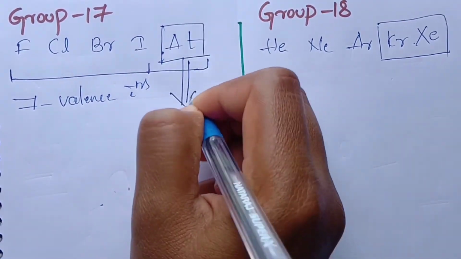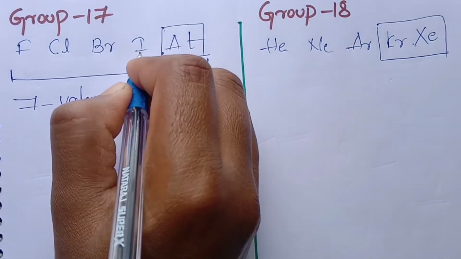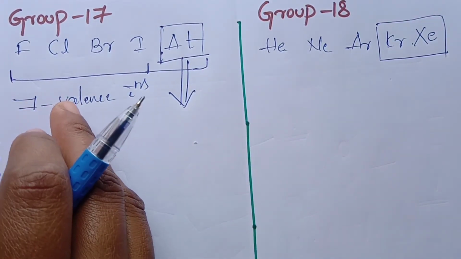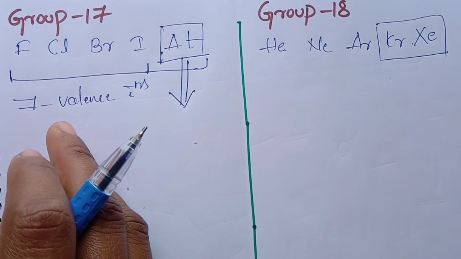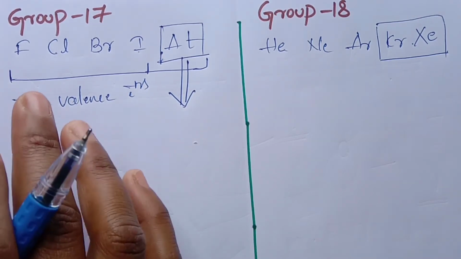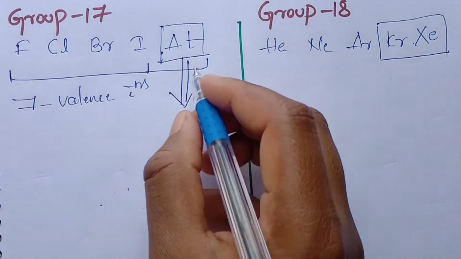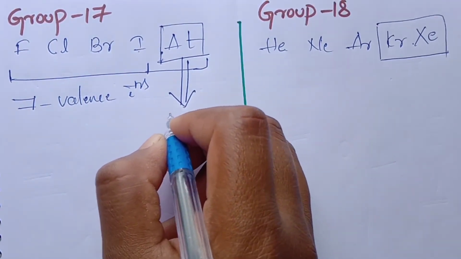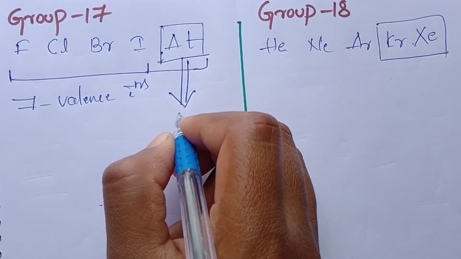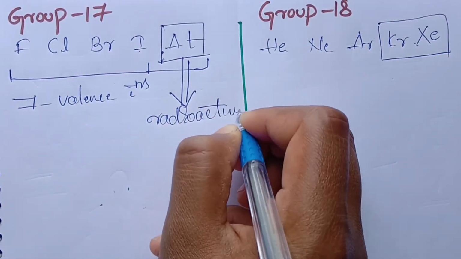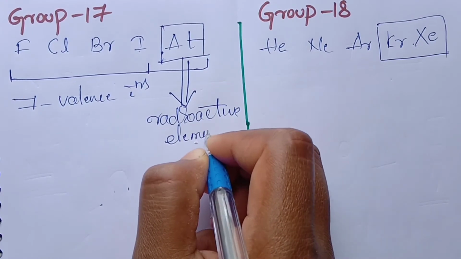Fluorine, chlorine, bromine, iodine, these 4 elements are applicable to the VSEPR theory, but this last element is not applicable because it is a radioactive element.